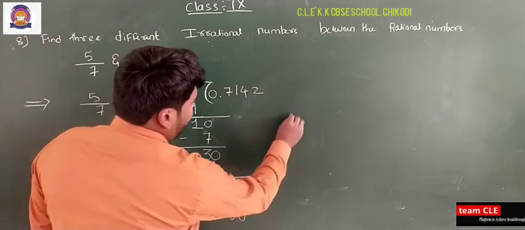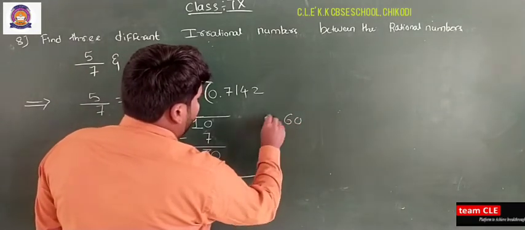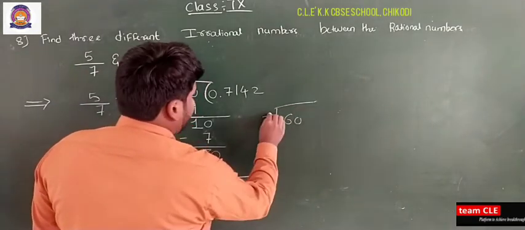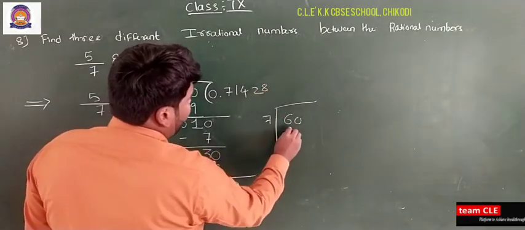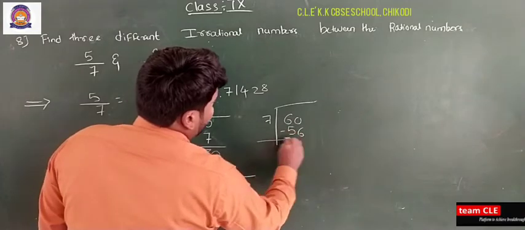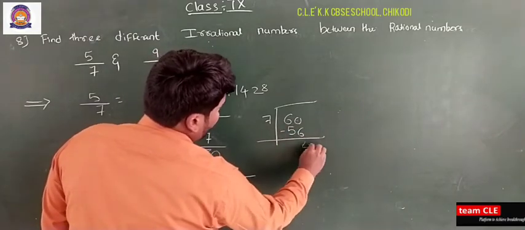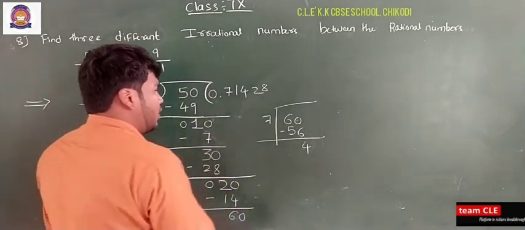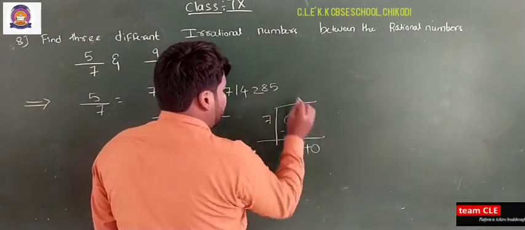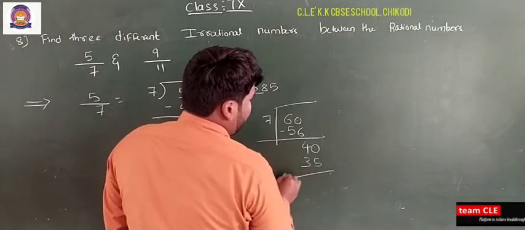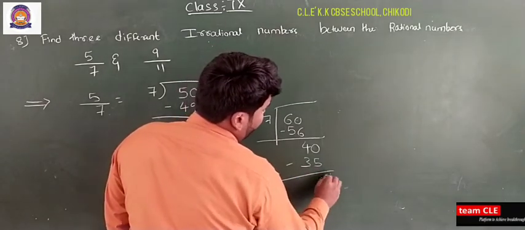If I divide again by 7, 7 8s are 56. So 60 minus 56 equals 4. If I increase this by a zero again, 7 5s are 35. So 40 minus 35 you get 5.